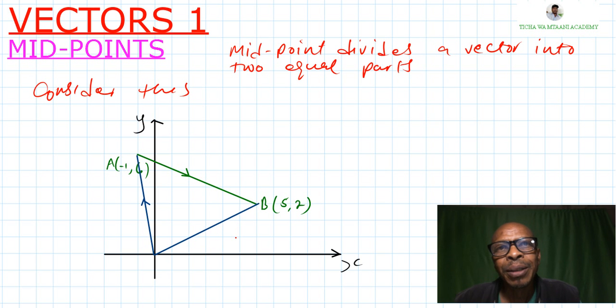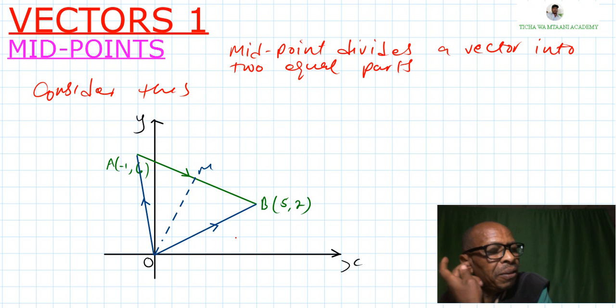This will give us position vector OB, and we assume that this is the midpoint. So we draw another vector there, OM, which we can draw as a dotted line. Of course, this is the origin.